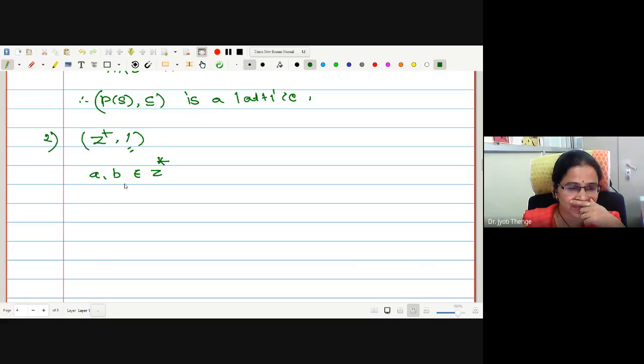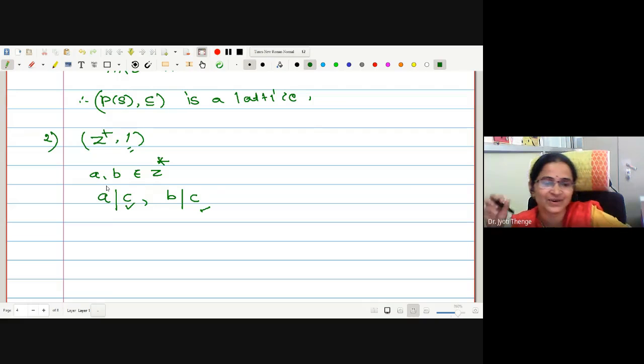One such element which is divisible by A and divisible by B as well. Upper bound I am interested in finding. Therefore, I want to find one element, say C, where A divides C and B divides C, both hold. But we know that when this holds, C is a common multiple.